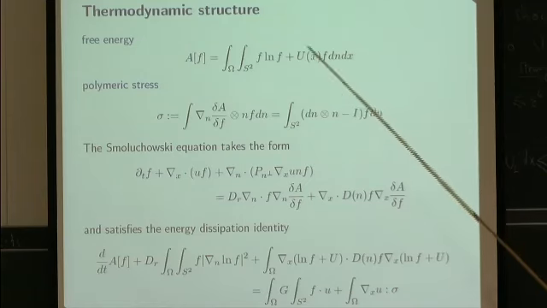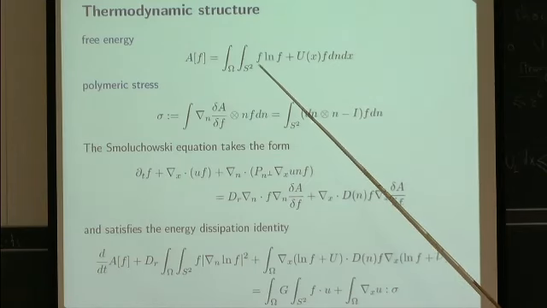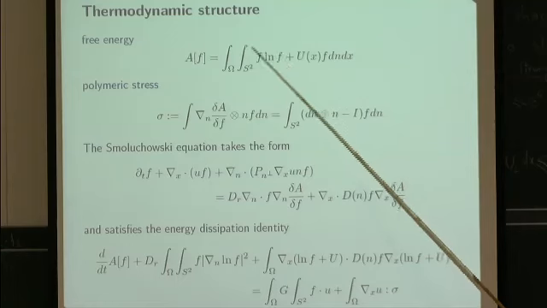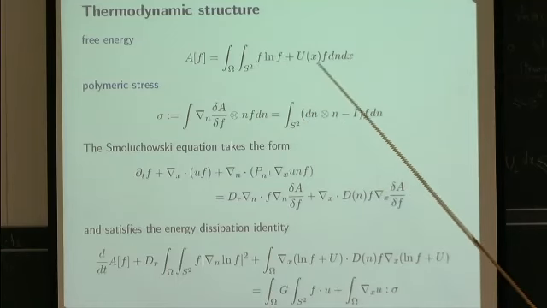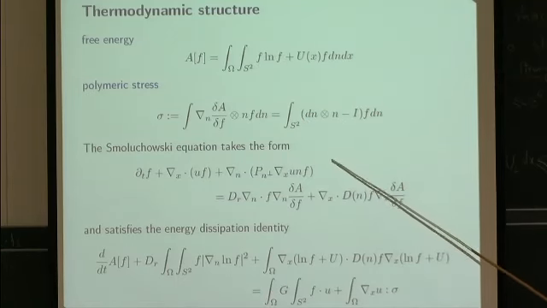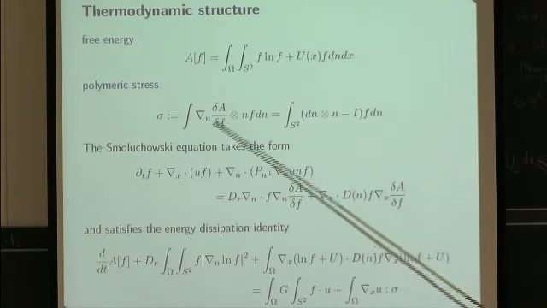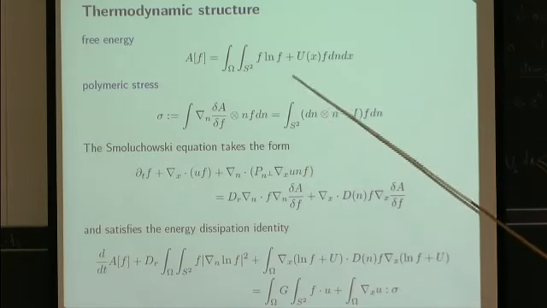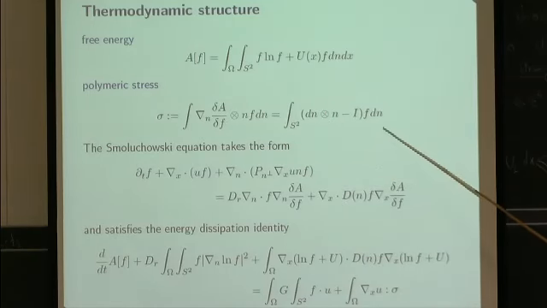There is a free energy for this type of problem, which is, okay, entropy, actually minus entropy, plus internal energy, and the polymeric stress is selected like that, which in this case looks like a second moment for the problem. And if you do that, then you obtain this kind of equation for the free energy.